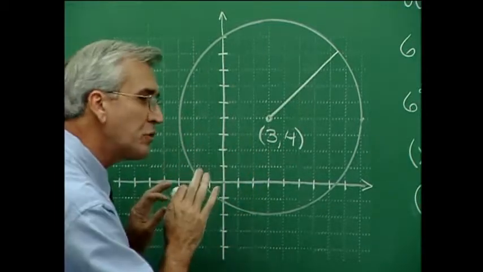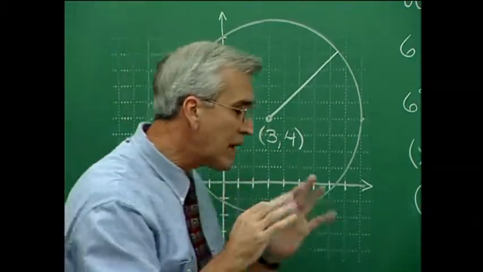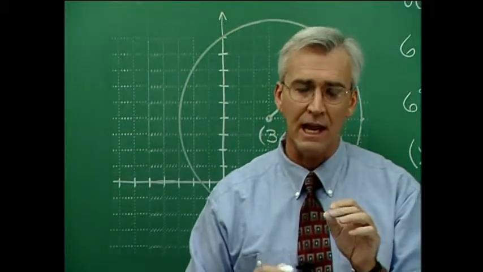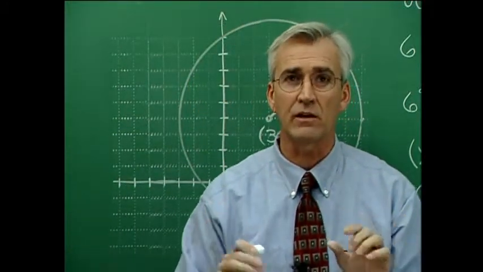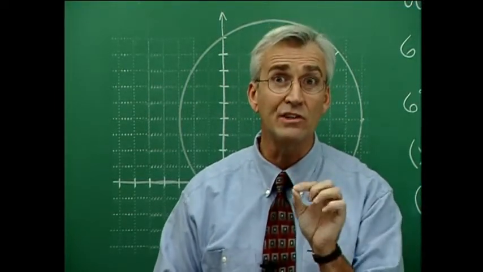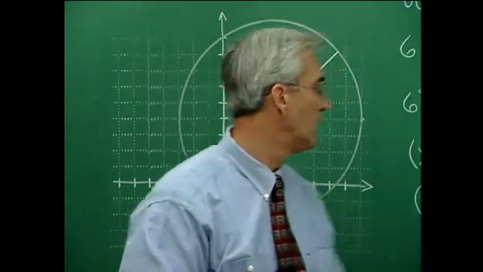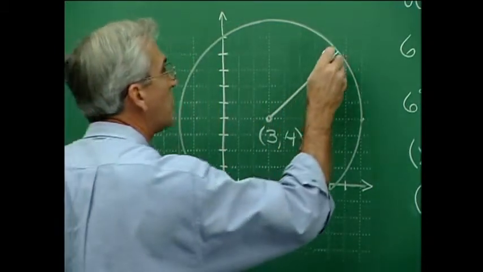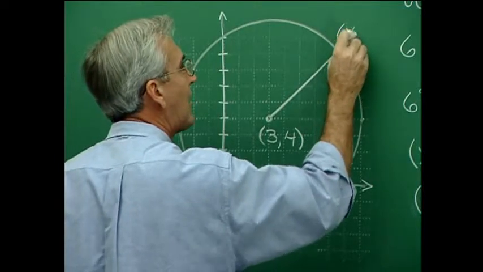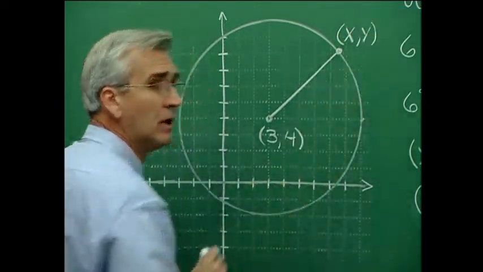It's not too difficult to conceptualize how we're going to do that, because circles are defined as all the points in a plane that are the same distance from a center point. So we're going to use our distance formula for this purpose. Now consider that the point on the edge of the circle is a general (x, y) value.